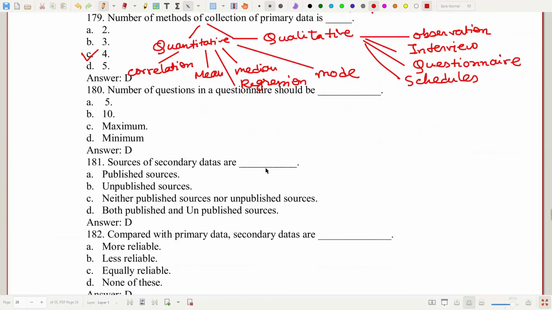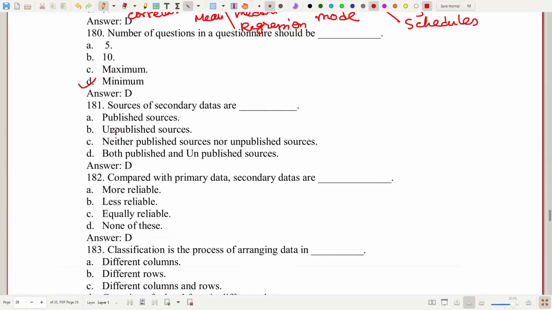Next question, number of questions in a questionnaire should be, that is minimum. Sources of secondary data are published sources, unpublished sources, neither published sources nor unpublished sources, both published and unpublished sources. The answer must be both published and unpublished sources.